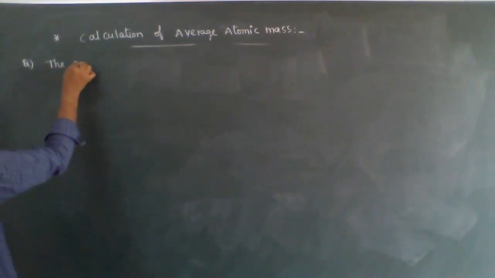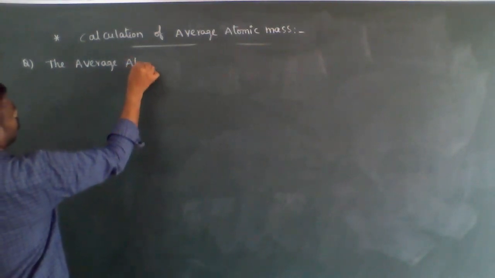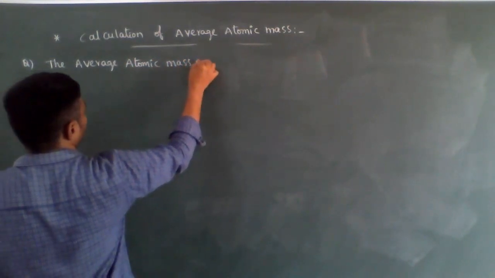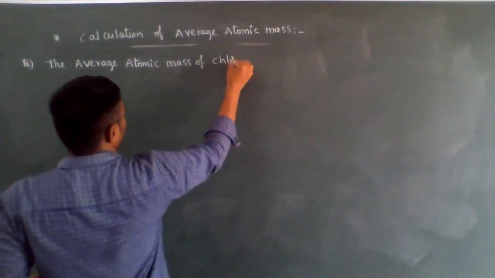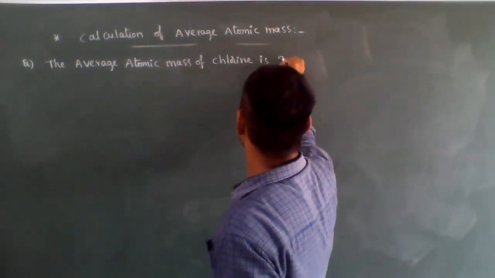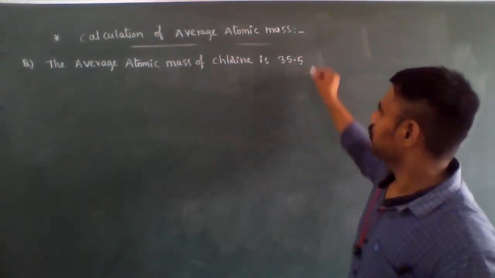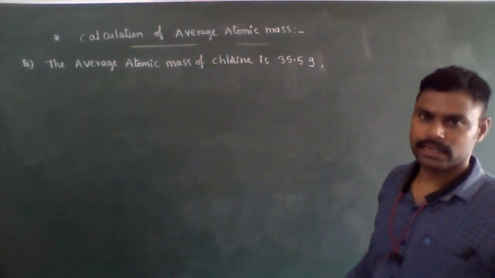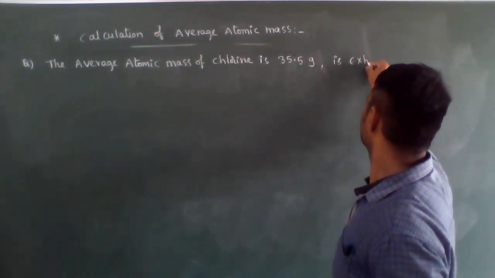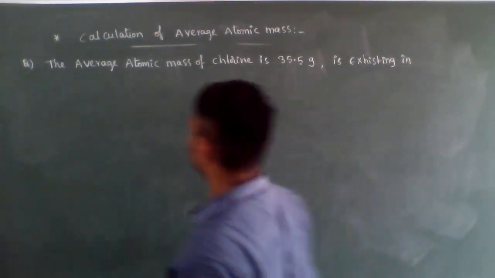The average atomic mass of chlorine is 35.5 grams, and it exists in two isotopes.